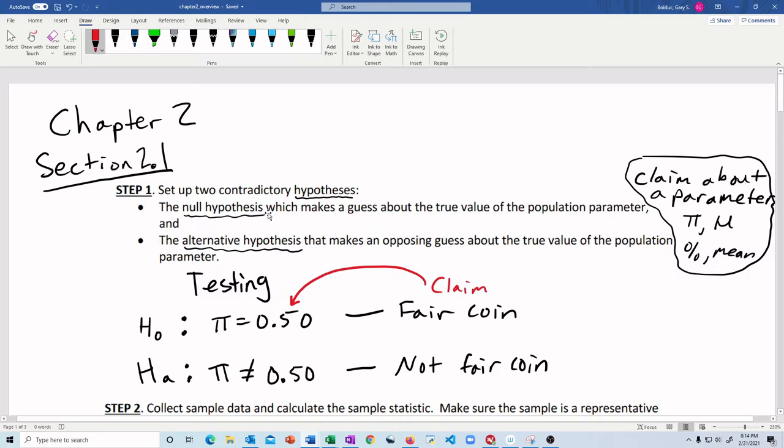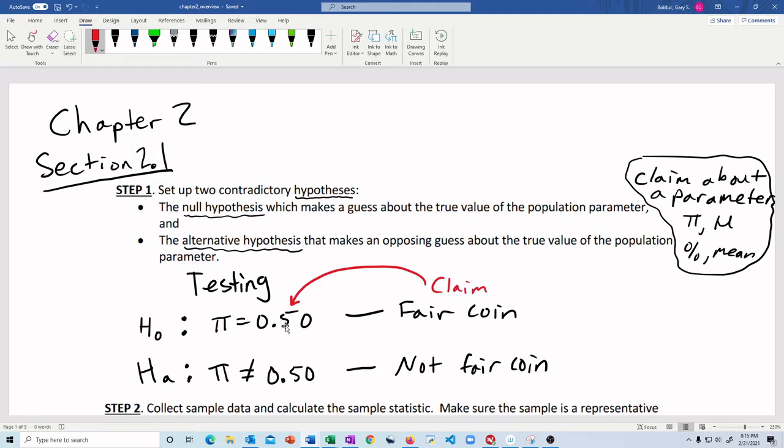You get a problem, that's what you're doing. You're finding a claim somewhere about the parameter, and you're going to put a value on that claim, right? And so the setup of this, H0, will be: put your parameter down, always pi or mu for now, always an equal sign, and then you put the number that you have here. For a fair coin, it's 0.5. If we're rolling a die and we want to know one side of the die, it's 1 out of 6. Put that there.